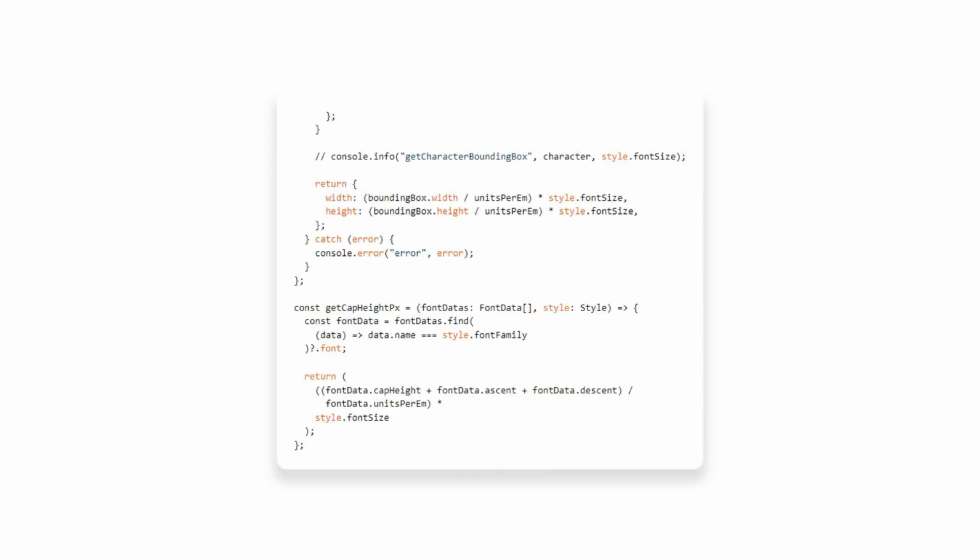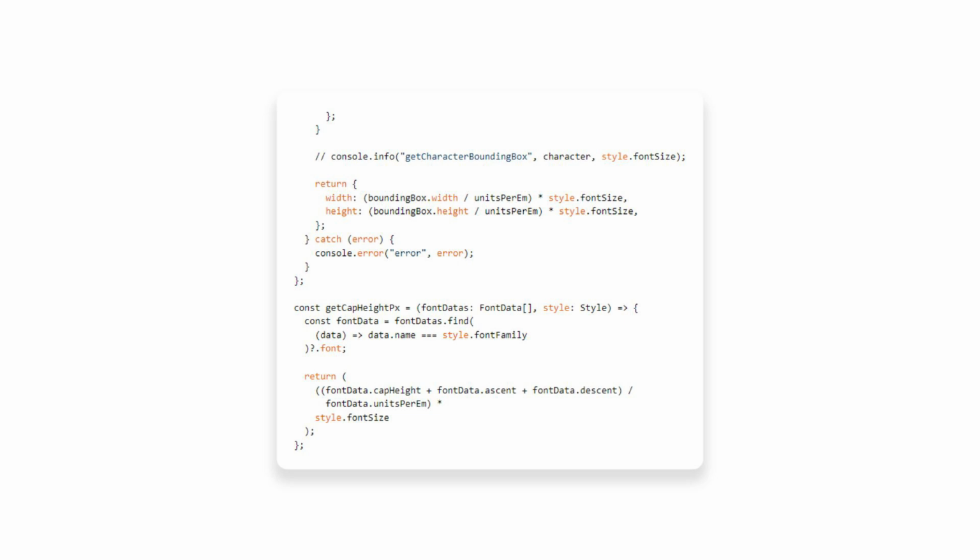This code snippet consists of 2 functions. 1. Bounding box return. After validating the bounding box, it calculates and returns the dimensions, width and height, of the bounding box adjusted for the desired style.fontSize. The calculations divide the bounding box dimensions by units per em and multiply by font size. If an error occurs during this process, it logs the error. 2.